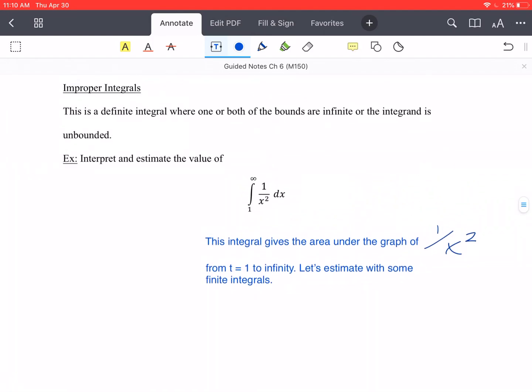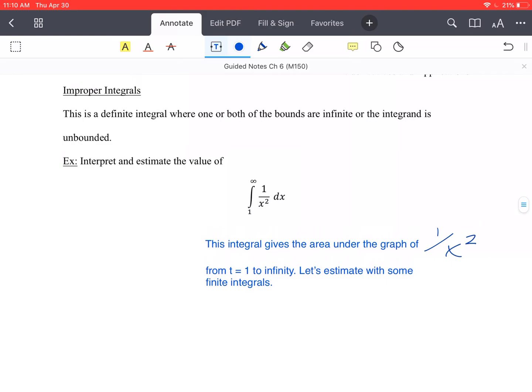We don't really have the tools, at least in this course at this time, to properly evaluate this improper integral, but we can get a pretty good idea of what's happening using some finite integrals that we are able to calculate.